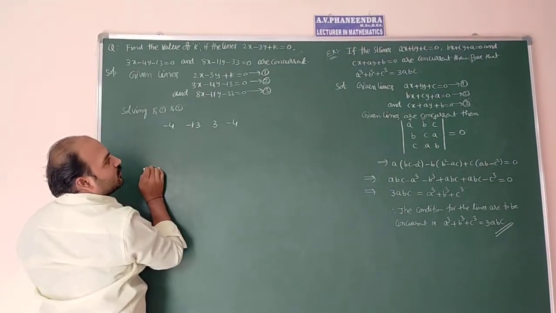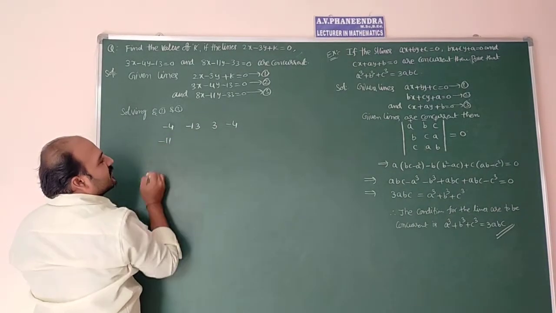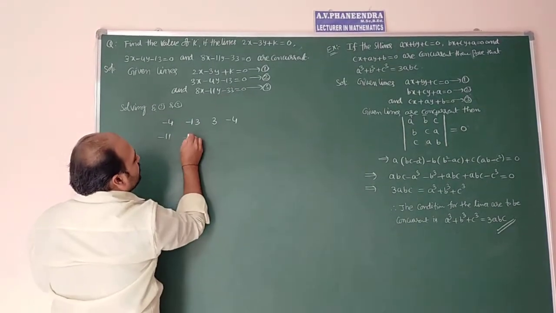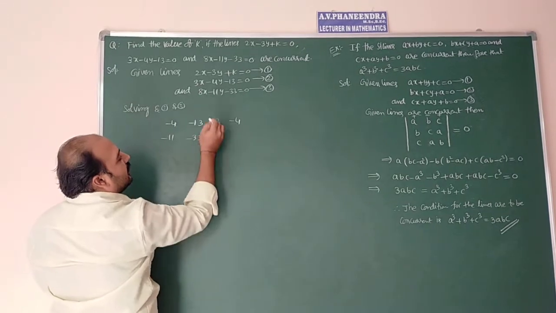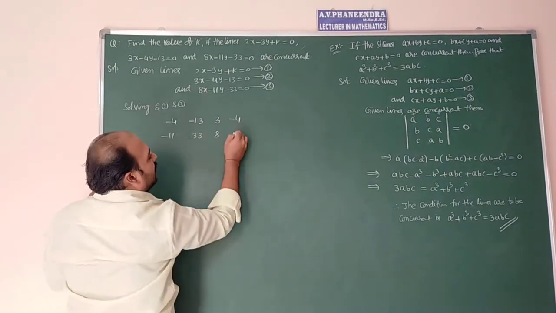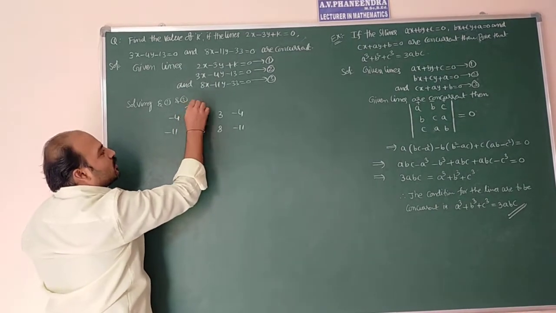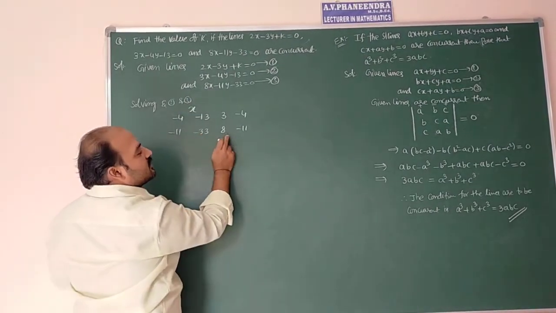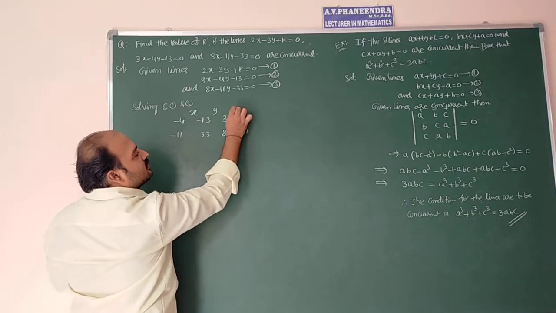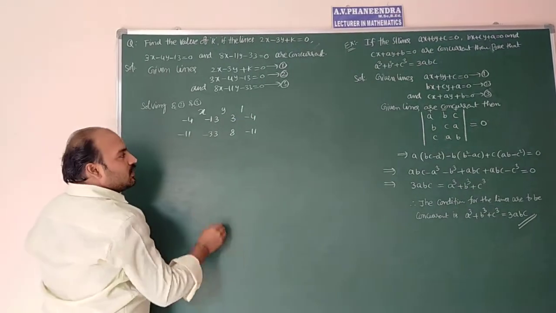Coming to the third equation, the y coefficient is minus 11, the constant is minus 33, and the x coefficient is 8, and again minus 11. In between, the first two columns you write x, the next two columns y, and the next two columns constant.